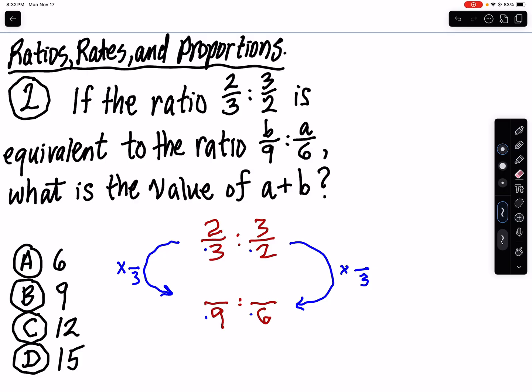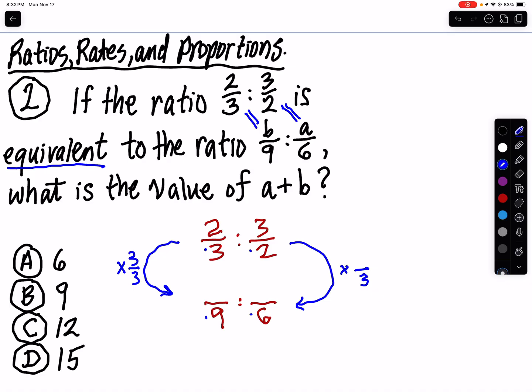But we know that the test makers are not going to give us a question that's going to take a long time. And we know that when they use the word equivalent, maybe it could give us a hint that they're trying to force us to make these fractions equivalent. It's just a thought, but if those fractions were just identical, then of course the ratios would be the same because they would use the same numbers.